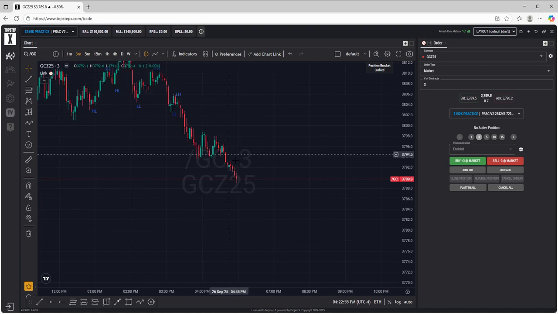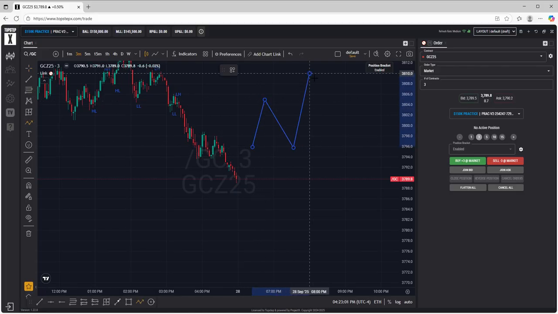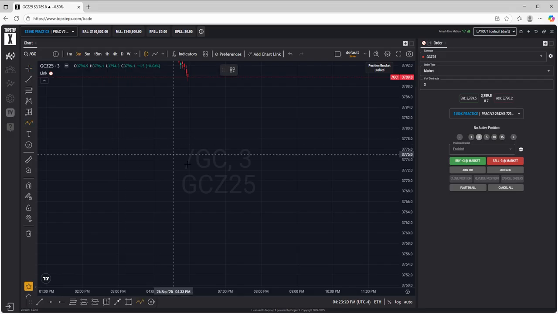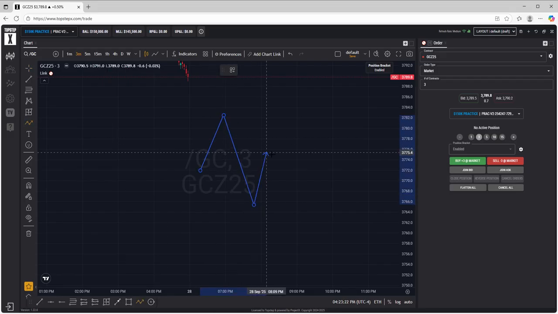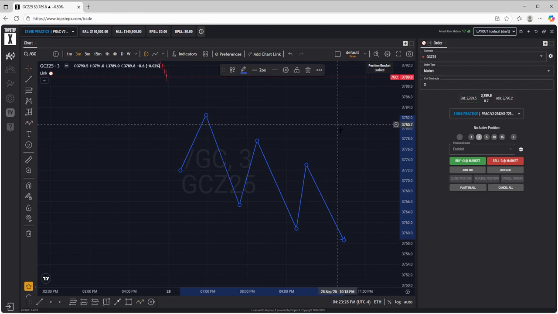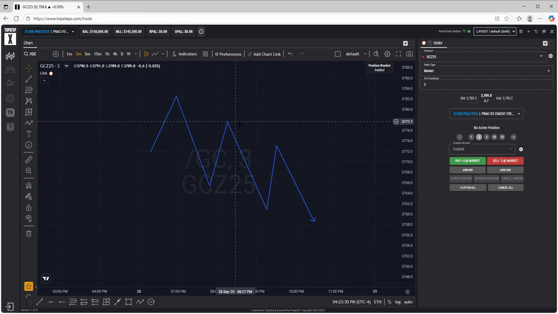You're drawing your fibs. If you are in a buy, you're drawing your fib from the previous low to the newest high. If you're in sales, you're drawing your fib from the previous high to the newest low.